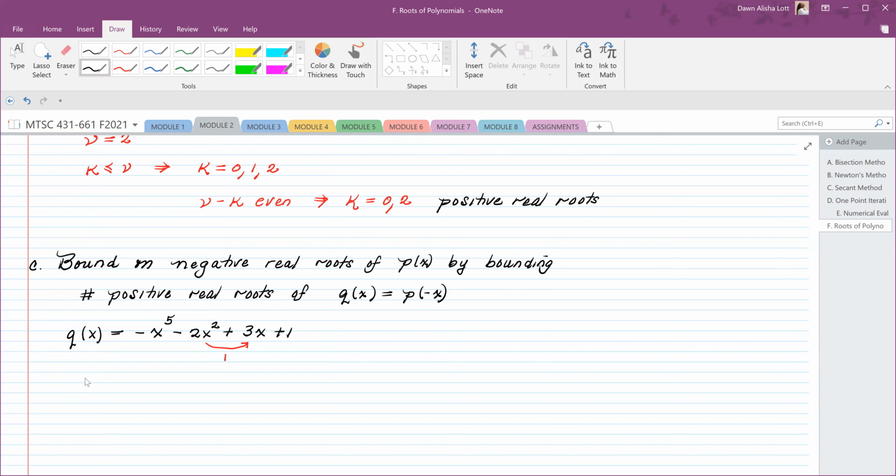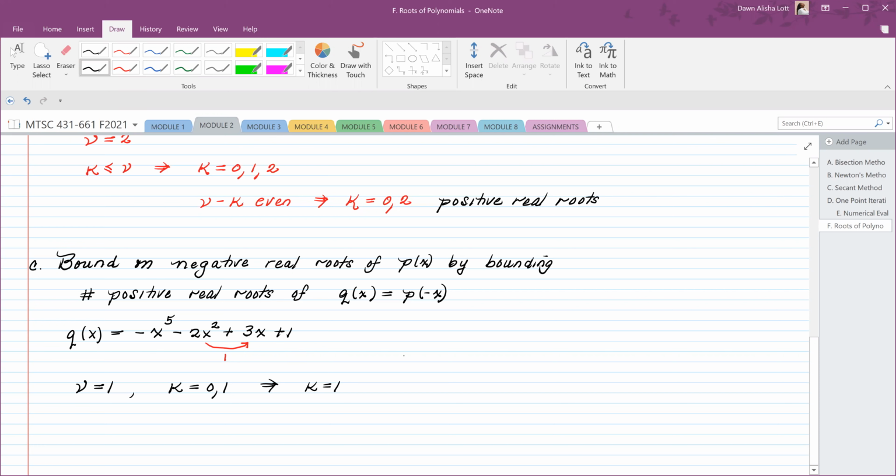So therefore nu is equal to 1. So that implies K can be equal to 0 or 1. But nu minus K is even. So that implies that K is equal to 1.